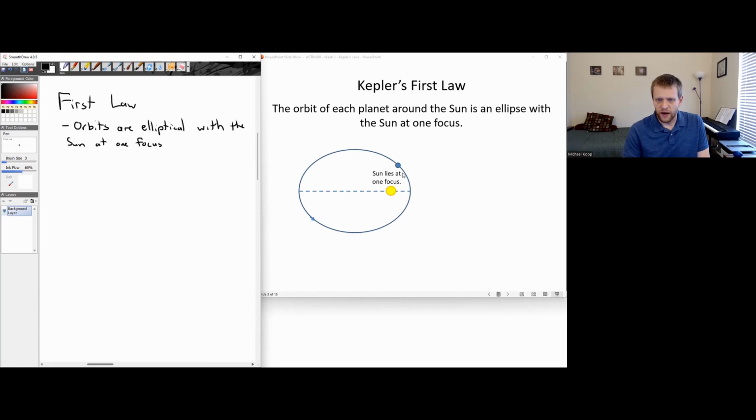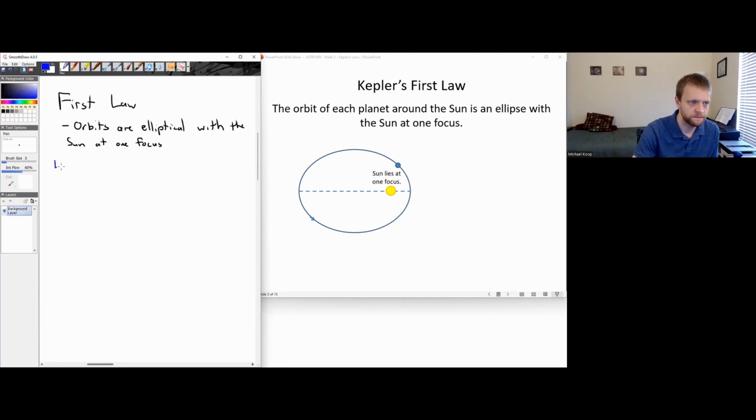So an ellipse is a mathematical shape that, if I have an ellipse with an eccentricity of 0, then that would be a perfect circle. So an ellipse is kind of like a circle that's squashed out a little bit.